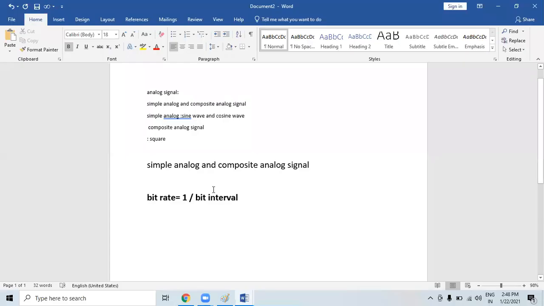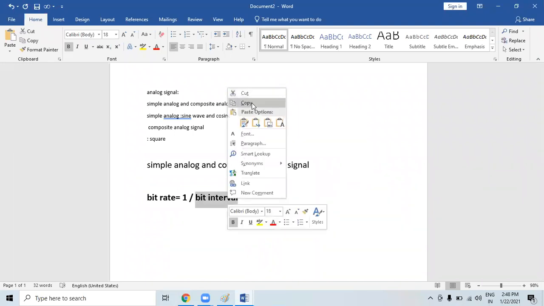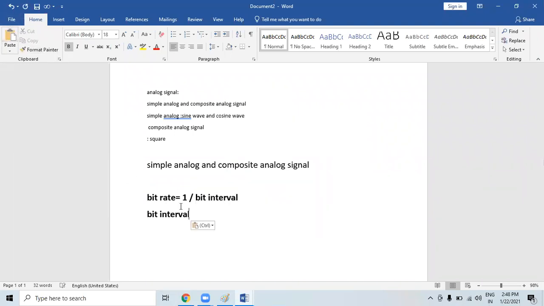The formula of bit interval uses capital T with subscript b. So the relation between bit rate and bit interval is: bit rate will be 1 upon Tb.